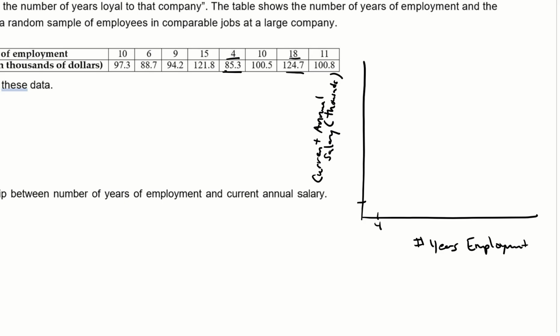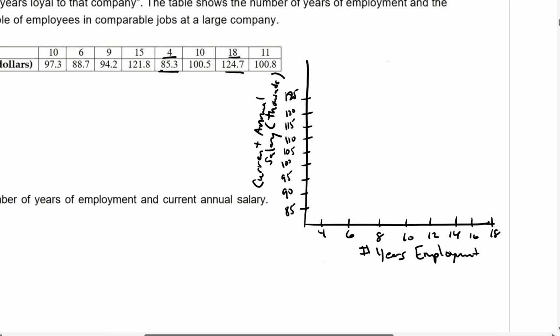Okay, so we're going to start at 4 and go by 2s here. Okay, so we got 85, 90, 95, 100, so on and so forth, up to about 125. Okay, so then we can start graphing.